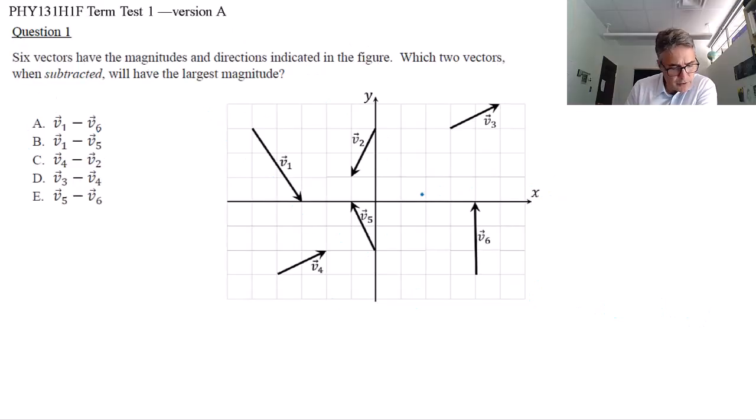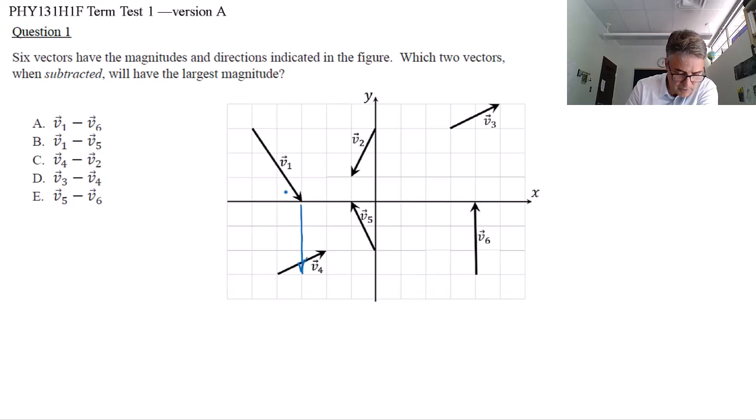6 vectors have the magnitudes and directions indicated in the figure. Which 2 vectors, when subtracted, will have the largest magnitude? And there's a list. So 1 minus 6. The way you always subtract vectors is you make the second one opposite to make it negative, and then you just add it. So I would say this is from here to here.